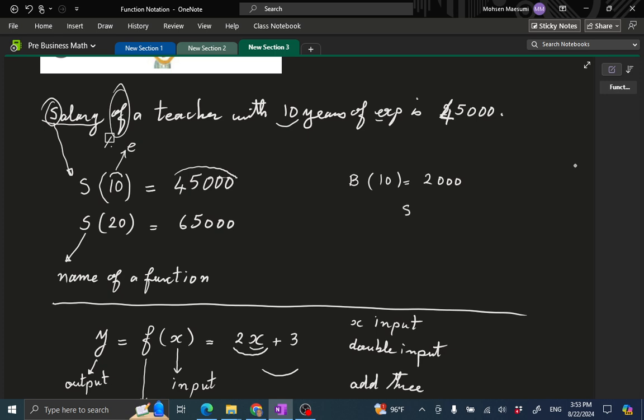Then we can talk about the salary plus bonus, whatever it is.